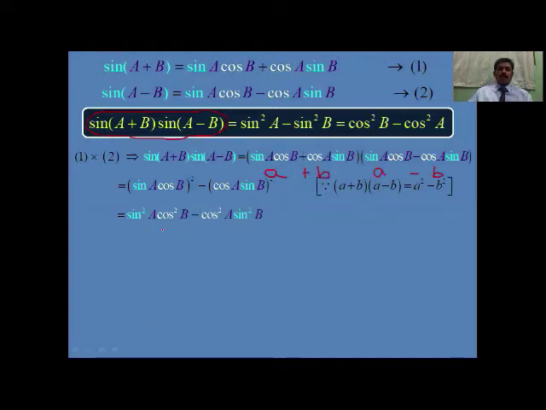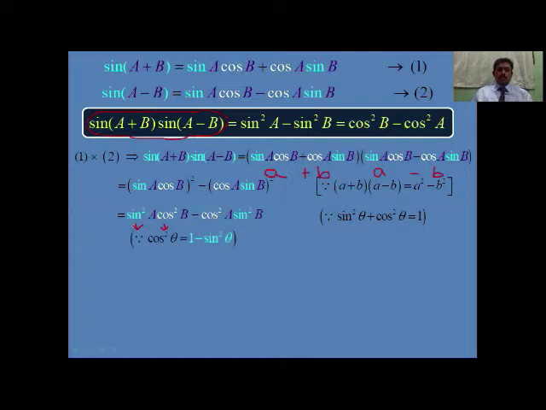From this, we will have two options. Either we can convert cos into sin form or sin into cos form by using the first identity, that is sin square theta plus cos square theta equal to 1. From this, I'm going to convert cos square into the form of sin square.